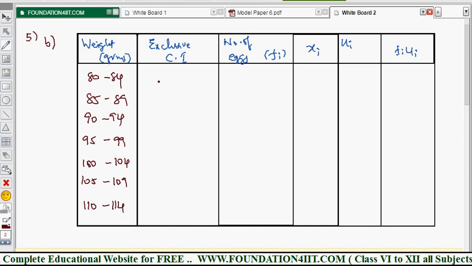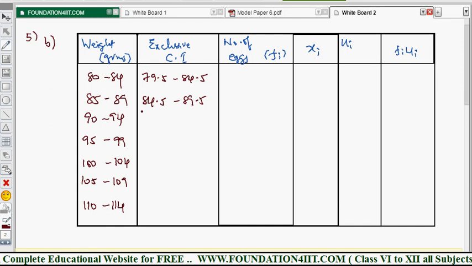If you convert into the exclusive case, you decrease by 0.5 and increase by 0.5 for both limits. That means 79.5 to 84.5, because the difference between 84 and 85 is only 1, so half of 1 is 0.5, which we decrease and increase. Then 84.5 to 89.5.